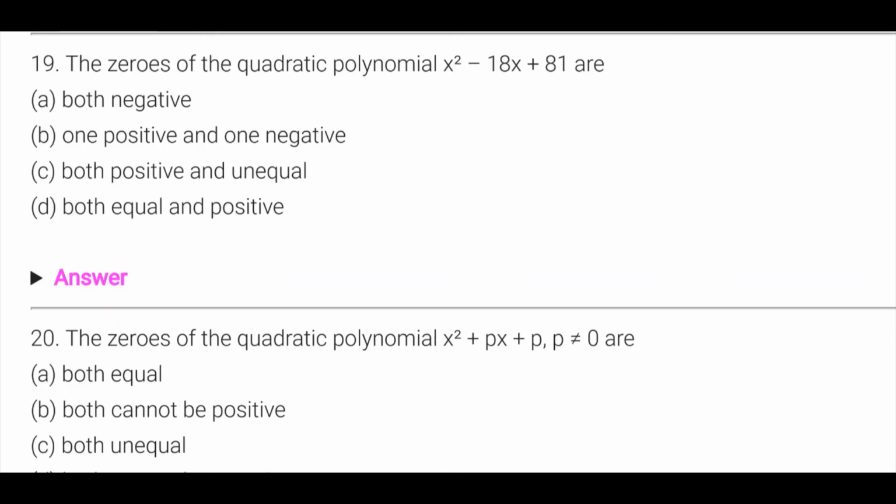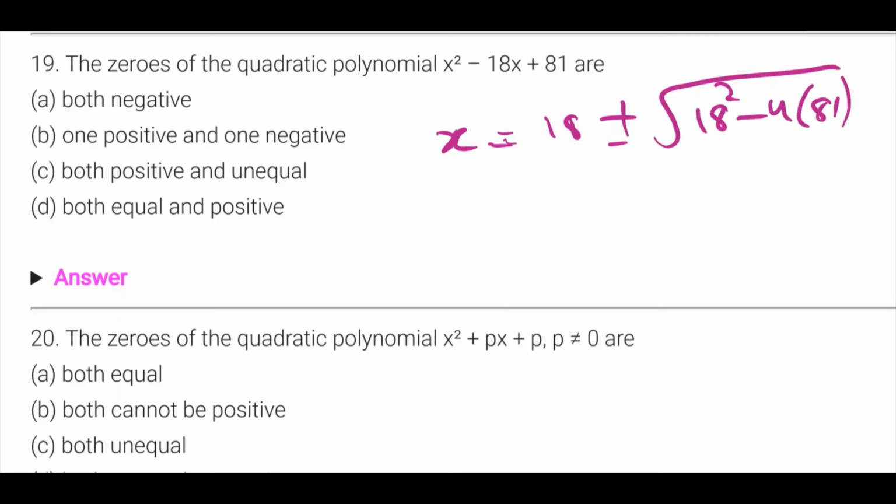Nineteenth question. The zeros of the quadratic polynomial are. Applying the quadratic formula, minus b is 18, plus or minus square root of 18 square minus 4 into 81, by 2a.